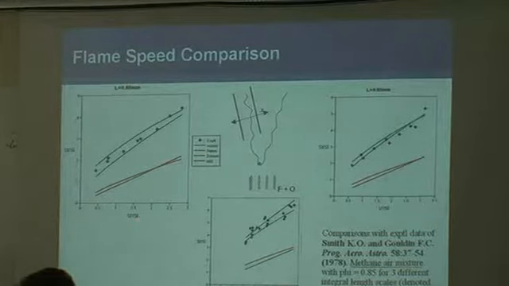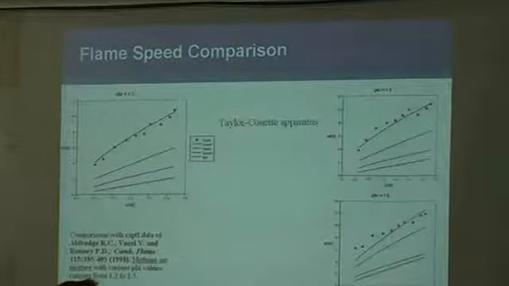What he has reported was U prime over SL versus ST over SL. These are the measurement points, and these are the various models you see. The green curve is the model which you saw in the previous slide. And this is a non-repeaters model, which is also in very good agreement with the experimental data for this flame, as you see here.